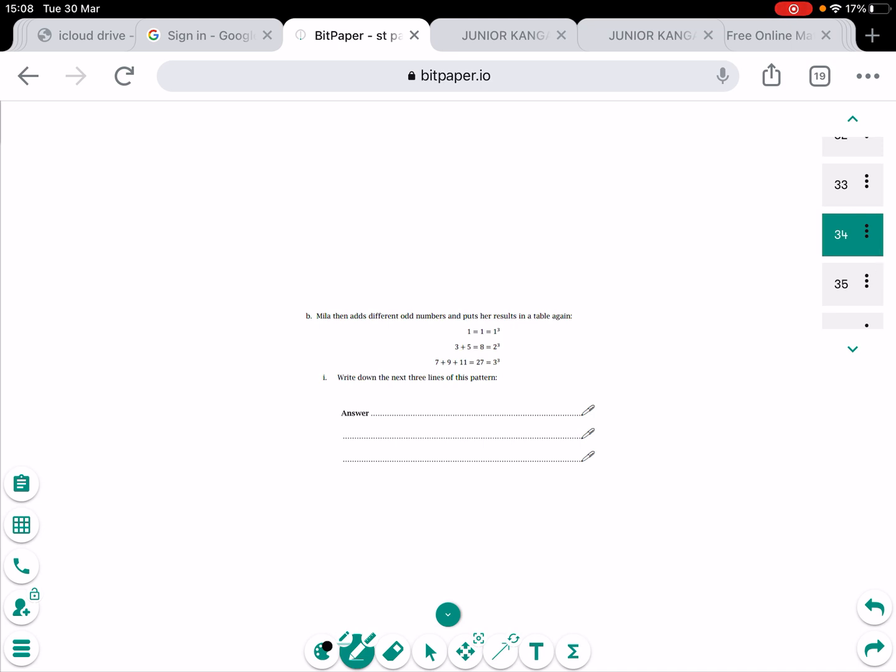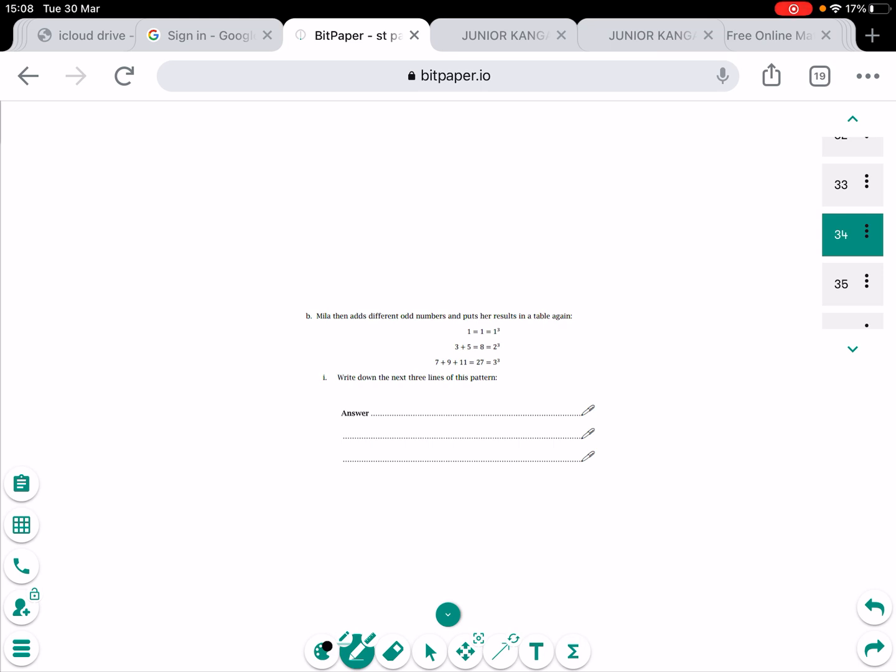For Section B, write down the next 3 lines of this pattern. Now this one is different because the first one has 1, the second one has 3 and 5, and the third one has 7 and 9 and 11. So it just continues on and doesn't repeat the old numbers.